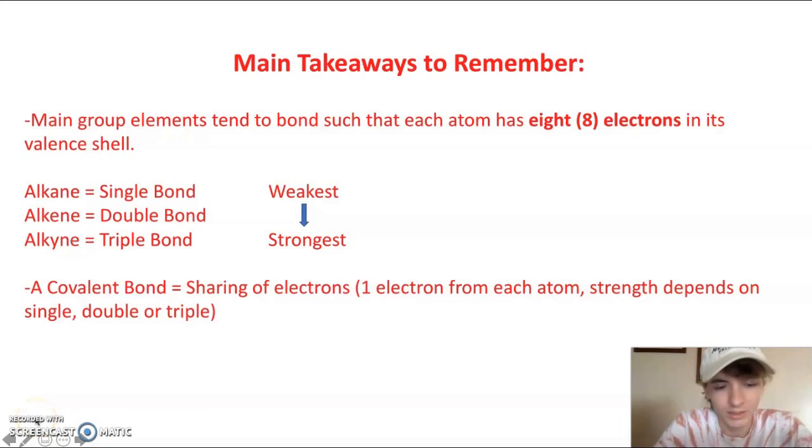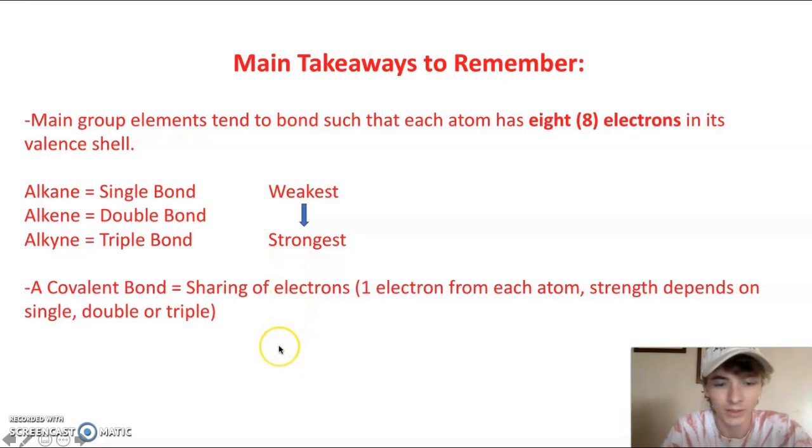So last but not least, I just wanted to discuss the main takeaways of this whole presentation. The main takeaway was that I want students to understand that main group elements tend to bond such that each atom has 8 electrons in its valence shell. This is the octet rule. Next, I want students to understand that alkane is a single bond, alkene is a double bond, and alkyne is a triple bond, with the weakest being an alkane and the strongest being an alkyne.